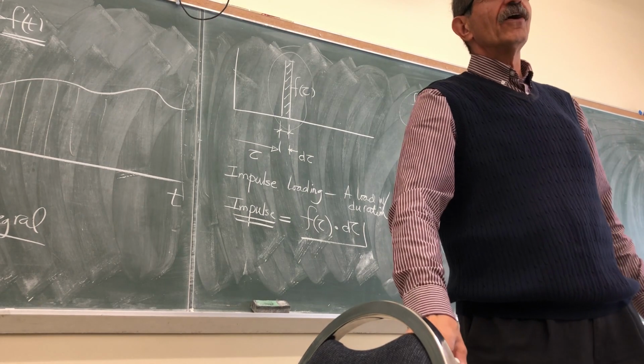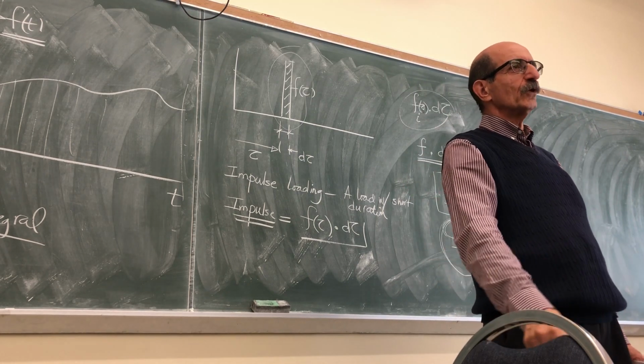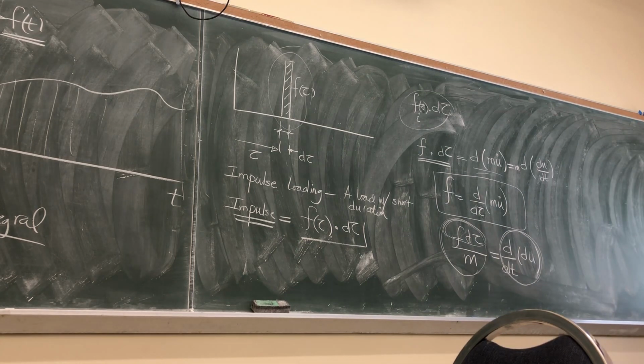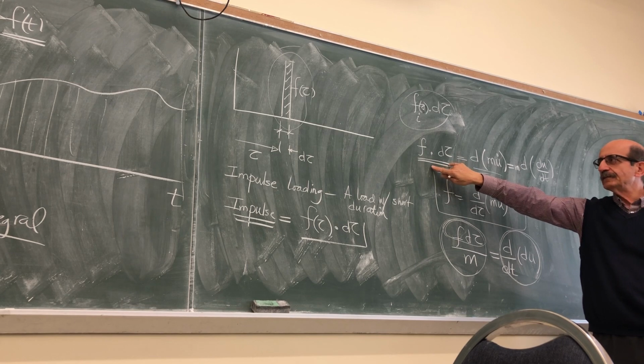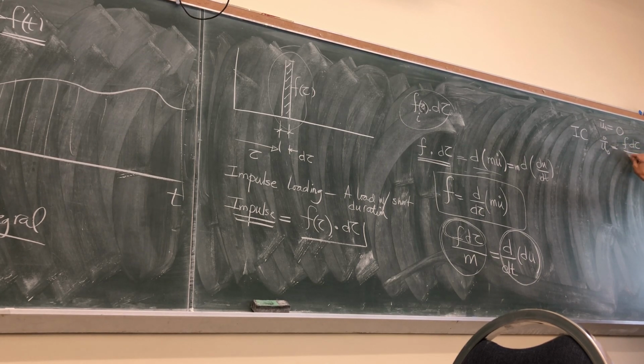This poor chair was sitting at rest, no displacement whatsoever. All of a sudden, it is subjected to a change in velocity, causing an initial velocity. In other words, if you think of initial conditions, the initial displacement is 0, but you have an initial velocity, which would be F d tau over m.